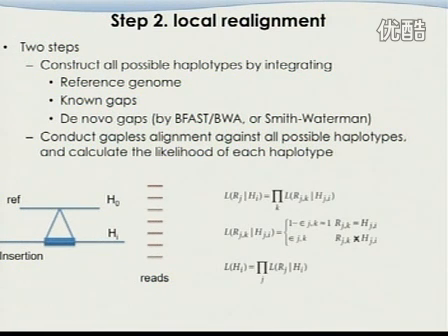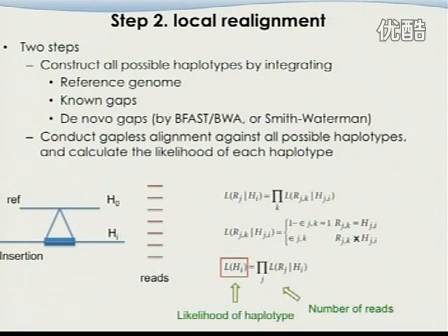And the equations to do that, I'm just going through this. If you understand, you understand; if not, that's no big deal. The point here is you want to calculate the likelihood of each of these two haplotypes. Sometimes you may have more than two haplotypes. You calculate the number of reads in this region, and the likelihood of those reads given that haplotype, how many reads are correct.